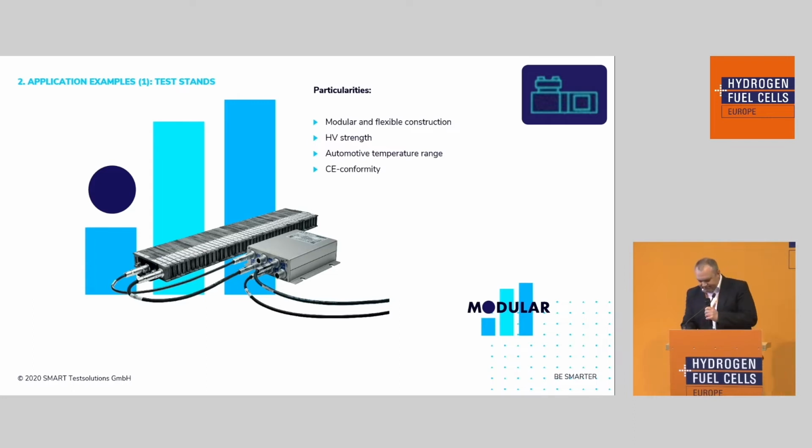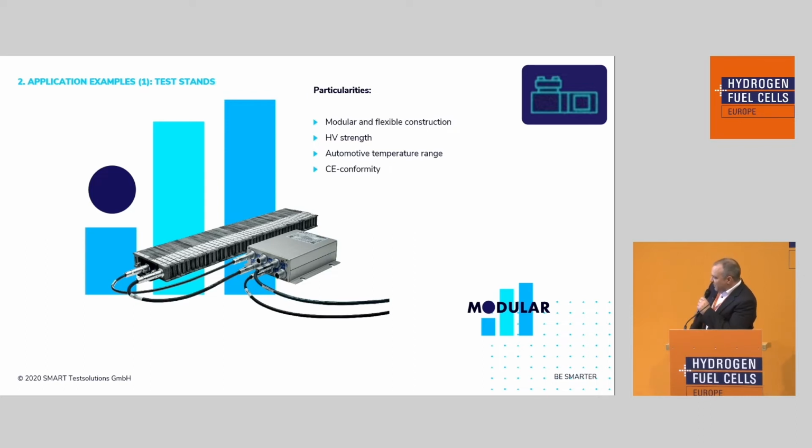So our, I would say, native product for these applications is a modular and flexible CVM system that you can see here. You see on the left side the CVM modules. It can be stacked up to 600 cells. Every measurement module has 10 measurement channels. It has a high flexibility for research and development projects, for test stands, and so on.